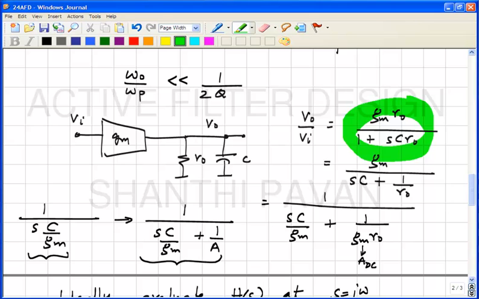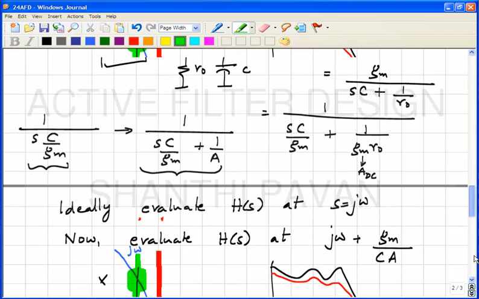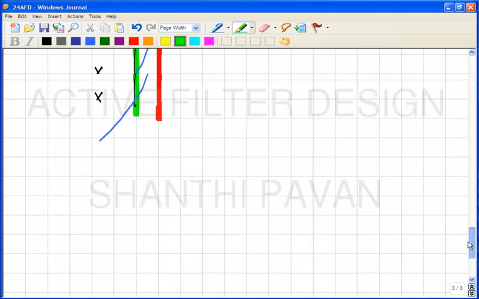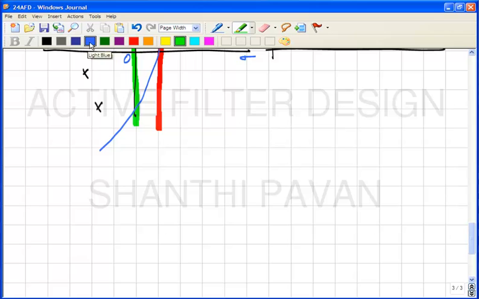Okay. So the moral of the story therefore is that the integrator has phase lead, all this is with respect to minus pi by 2. Okay.